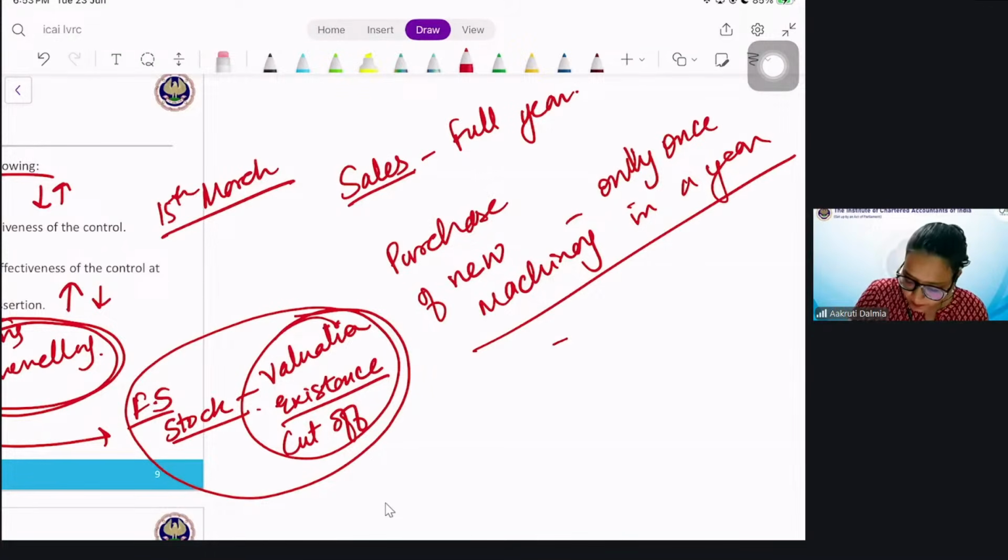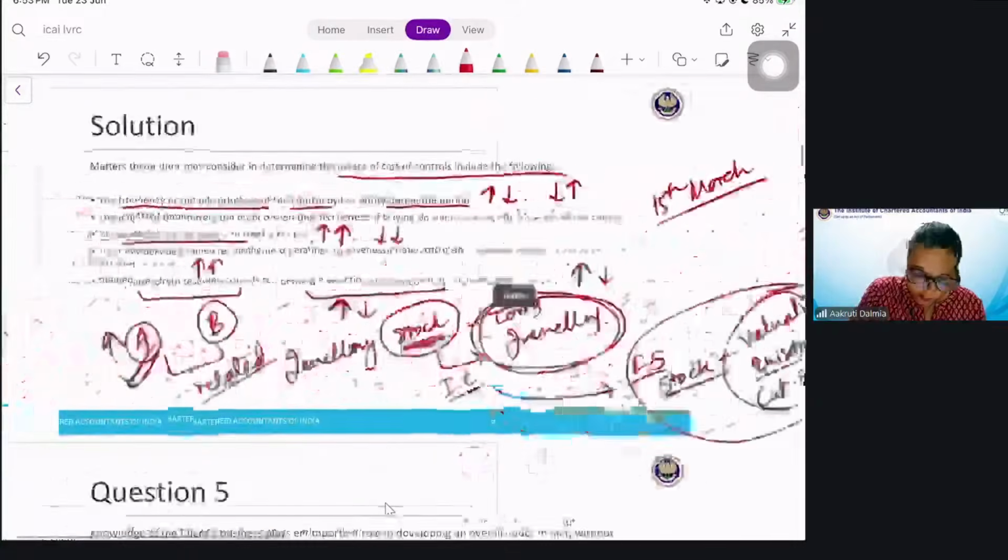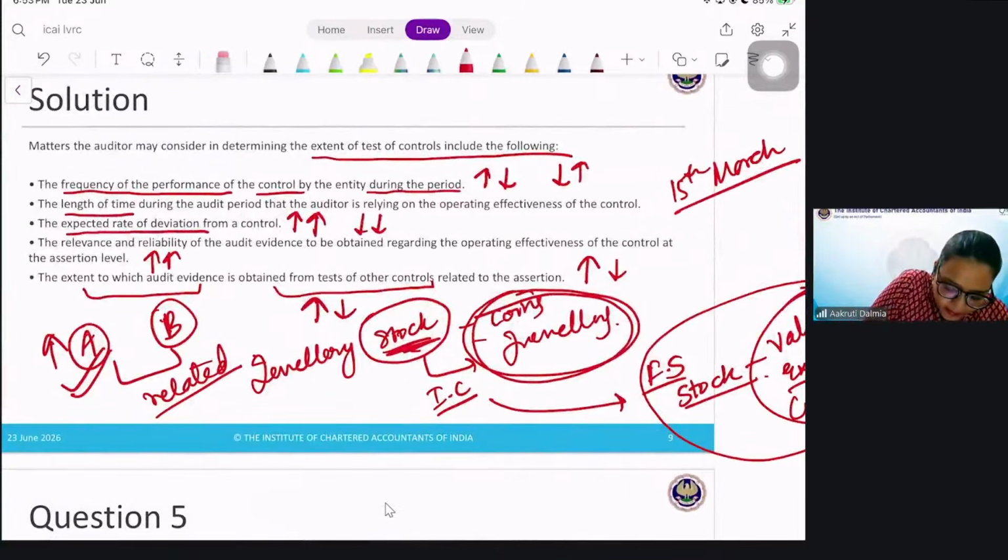Yes, okay. So what it is trying to say is the length of time during the audit period that you had to rely on the control.